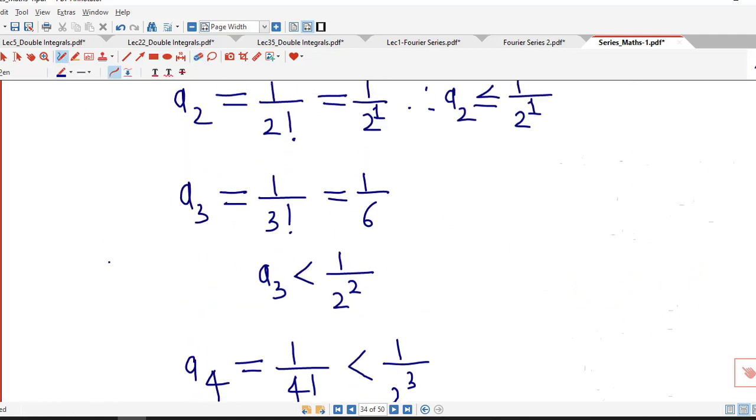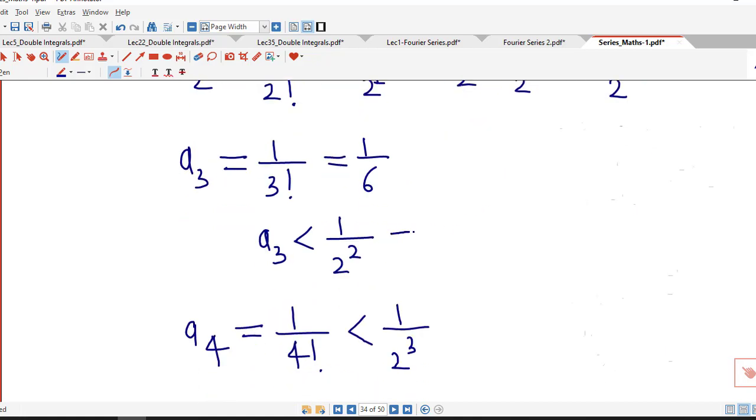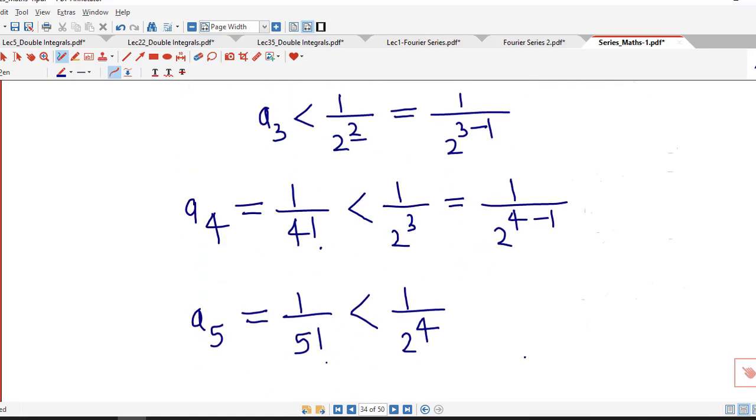Now here again we can rewrite this as a2 is smaller than or equal to 1 over 2 raised to 1. So here I replace 1 by 2 minus 1. Similarly here I can rewrite this power 2 as 2 raised to 3 minus 1. Here also I can rewrite this as 1 over 2 raised to 4 minus 1.